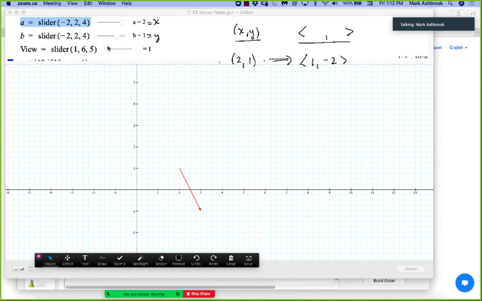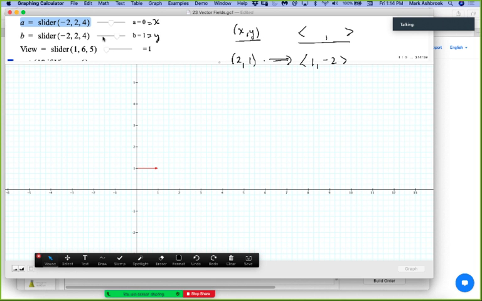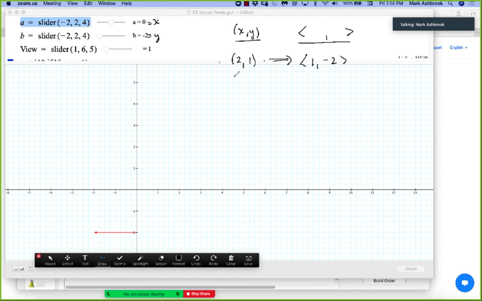Let's look at, how about x equals 0 and y equals -2. So here's the point, 0, -2. So that's this point, right?